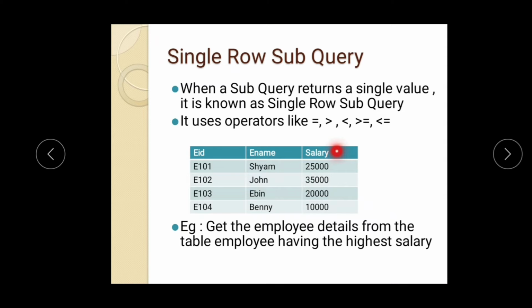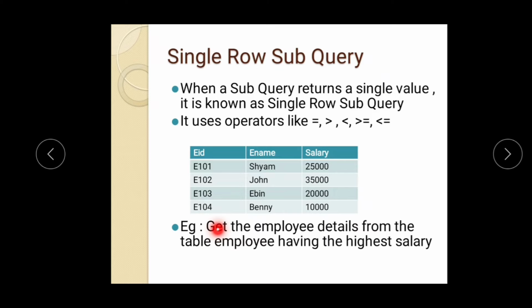For that we have an aggregate function called max, which we discussed in the previous session. When we write select max of salary, we get the highest value, 35,000. That is the inner query.